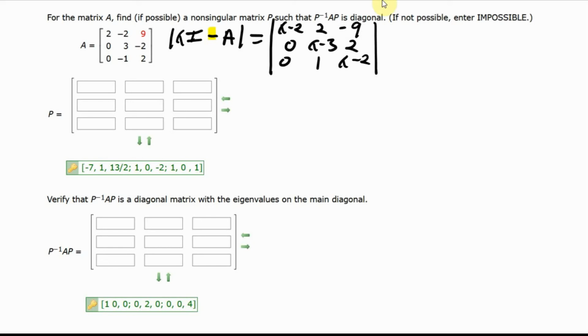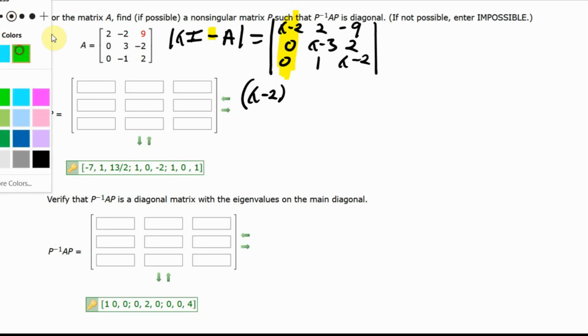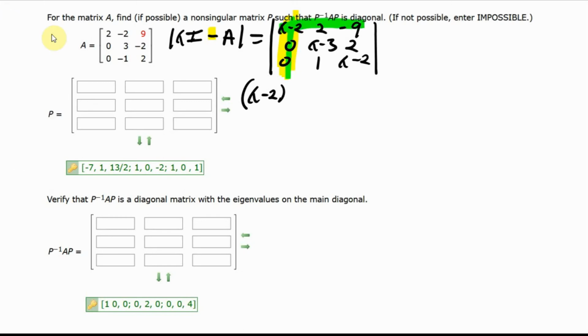I'm going to find the determinant by cofactor expansion along the first column, because there's only one term, because the other two terms are 0. So this is lambda minus 2, and you remember we delete its row and column to find the determinant of the submatrix.